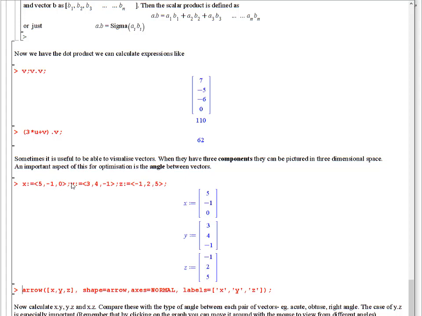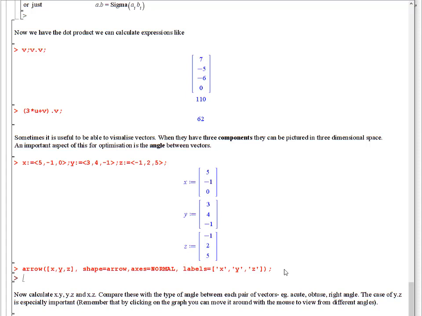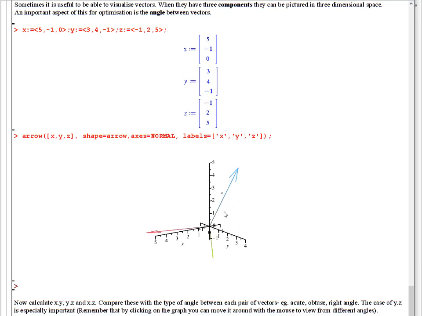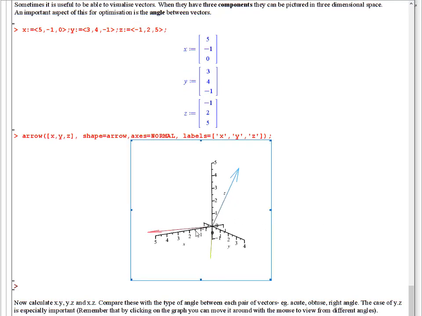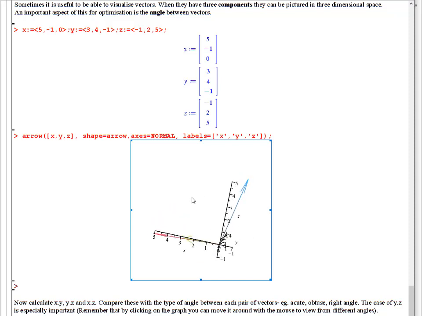So if we take 3 vectors like this, x and y and z, we can draw these in 3 dimensions like this. So hopefully you should be able to see these 3 vectors. So here's the x-axis, the y-axis, and the z-axis.